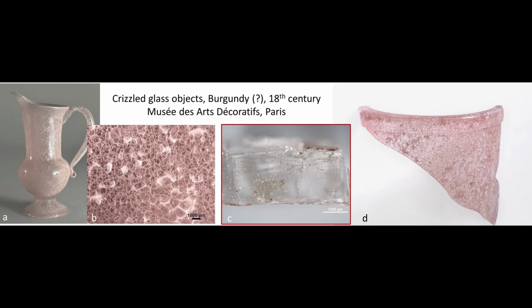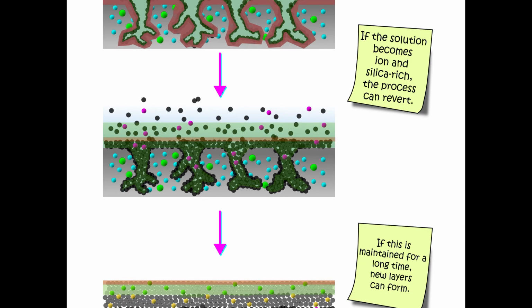Since we are discussing this, we need to discuss also another scenario where the solution suddenly becomes more rich in ions and silica particles. If this happens, maybe because somewhere else in the solution there is another piece of glass degrading very fast, what occurs is that new layers of silica attach on top of the surface of the glass.